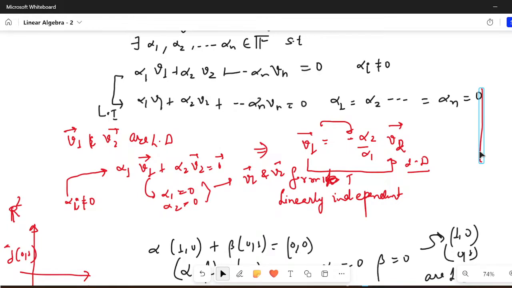But if alpha 1 v1 plus alpha 2 v2 ... alpha n vn equal to 0 implies that all these alpha i's must be equal to 0, then v1, v2, v3, ..., vn are all a linearly independent set of vectors.